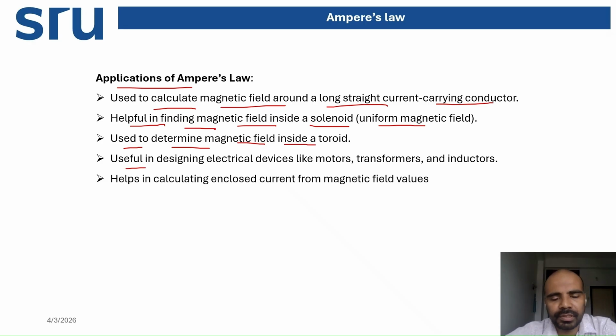Also, Ampere's law is helpful in designing electrical devices like motors, transformers and inductors. They are made of several conducting coils, so this law is helpful to understand the magnetic field developed when current flows through the coils.